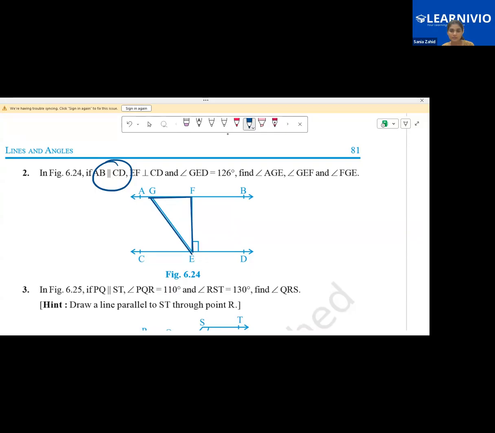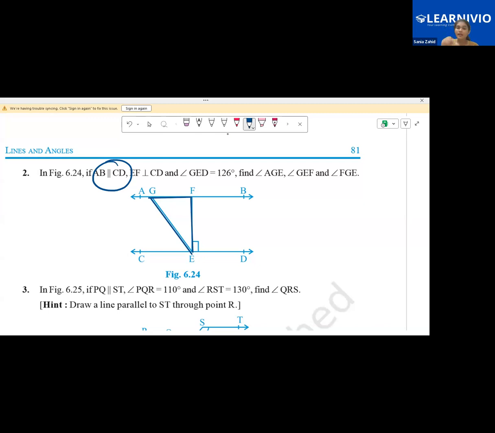X plus Y plus Z equals 180. The sum of all angles of a triangle is 180. Remember this. The angle sum property of a quadrilateral is 360 degrees. For a triangle, it's 180 degrees.